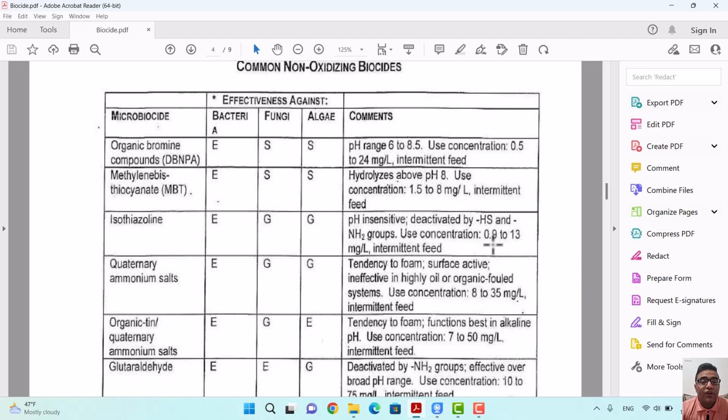Use concentration 0.9 to 13 ppm intermittent feed. As you can see, as I stated, non-oxidizing biocides are fed intermittently on, for instance, a weekly or 2 week basis.